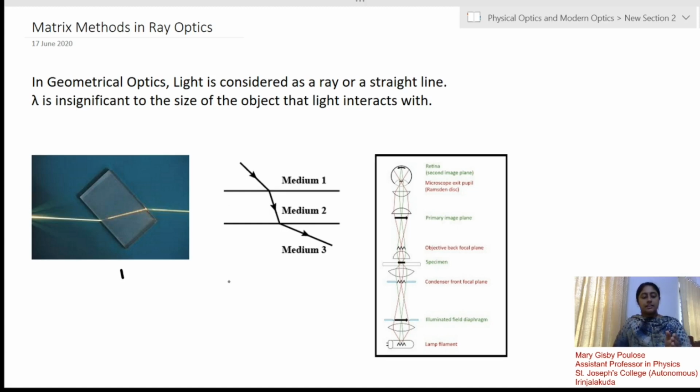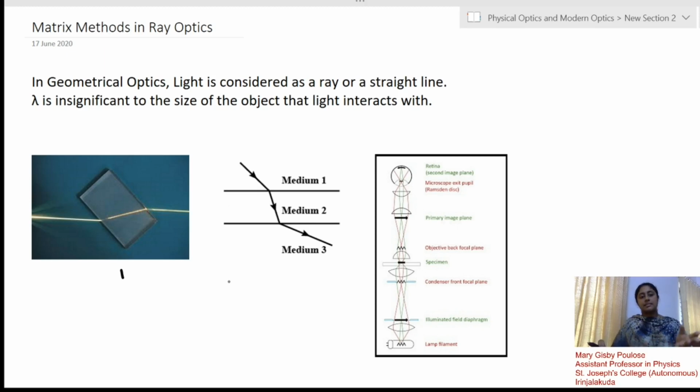Then it comes across the first surface of the crystal where it bends or refracts. After it has entered the crystal, it will travel in a straight line because the crystal is a homogeneous medium. Upon reaching the second surface of the crystal, it again refracts.